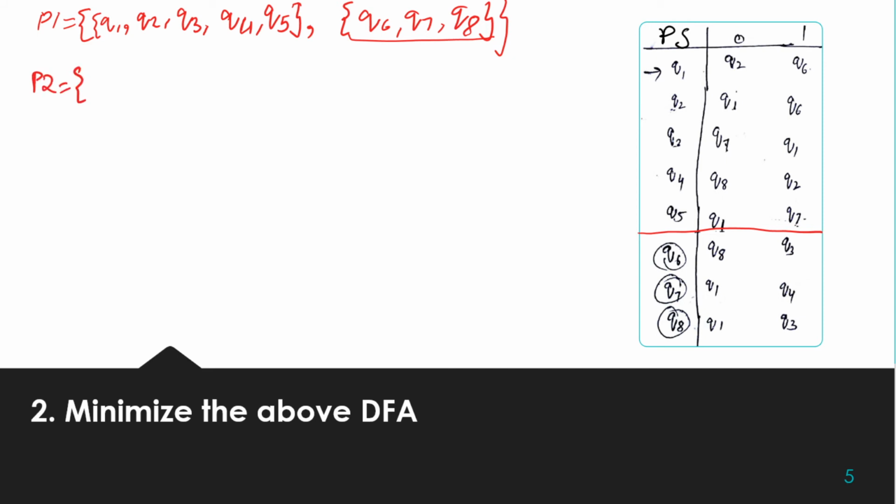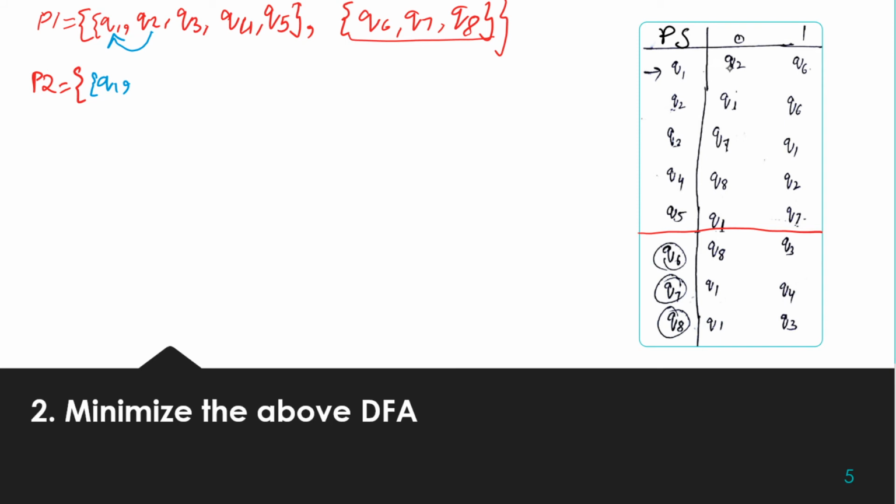while working with partition 2 we have to check the compatibility or similarity of states in the previous partition, that is P1. So in this we will have Q1 directly, because Q1 is the first state. Now we have to check the compatibility of the remaining states with Q1. So checking the compatibility of Q2 with Q1.